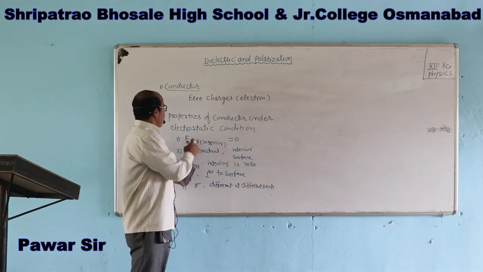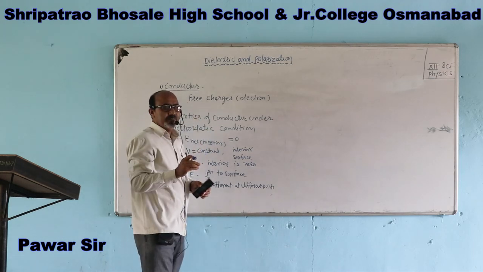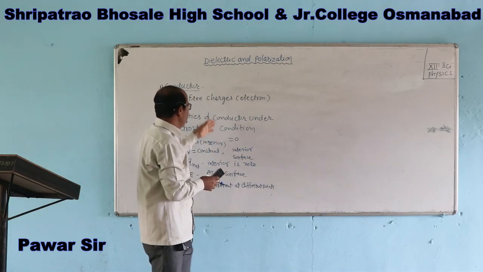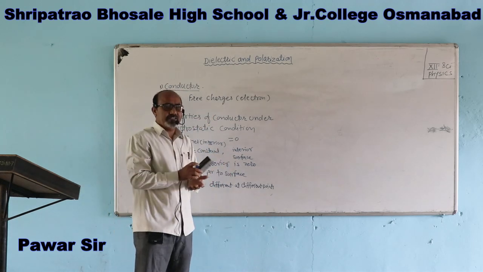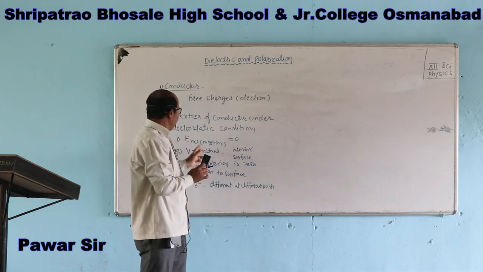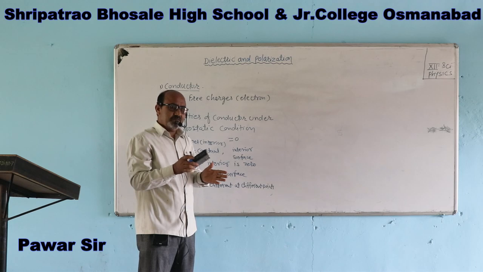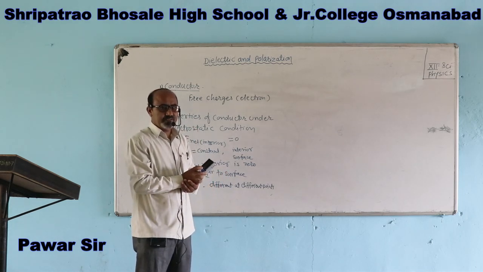When charges on a conductor are stationary, it possesses some properties. First property is the electric field inside the conductor is zero, the net electric field. Electric potential on the surface of the conductor or inside the conductor is constant.